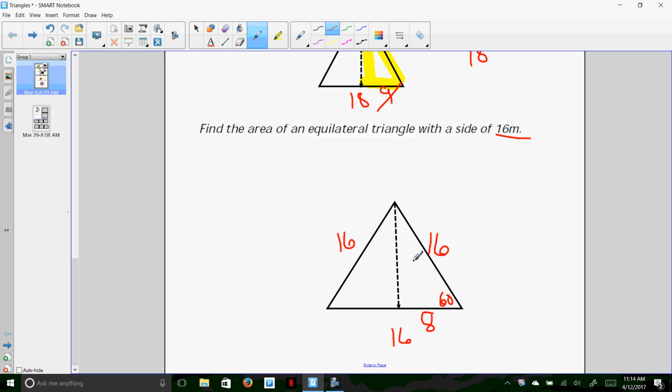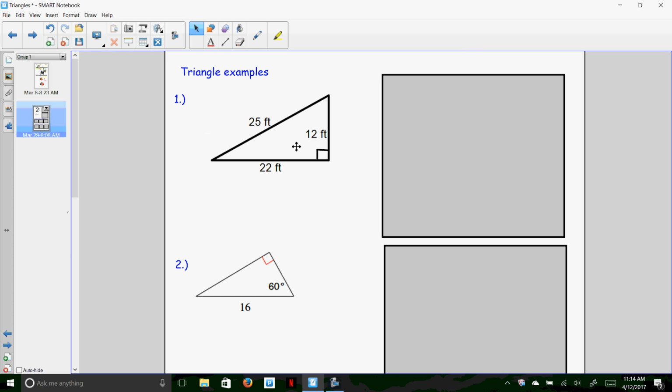This is a little leg, this is a big leg, and once again you have your base and height. Don't forget to divide by 2 when you multiply. All right, so you try a couple. Try these two. Remember, you pause it, and then I'll go over the answer.